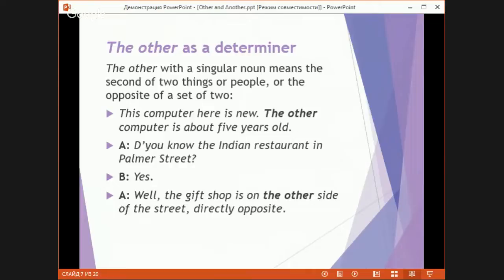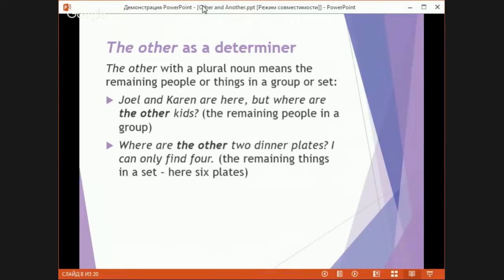Let's look at the next slide. The other with plural nouns, the previous one we had with singular, means the remaining people or things in a group or set. Like we had a group and we have some leftovers, let's say. And in this case, we need to say the other.